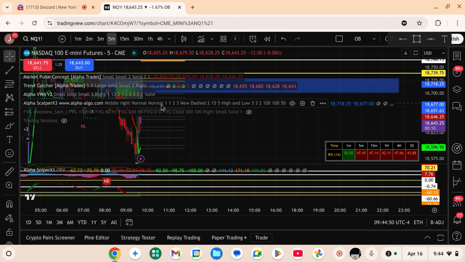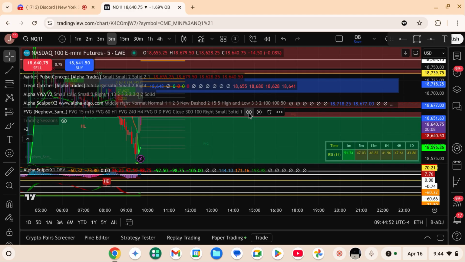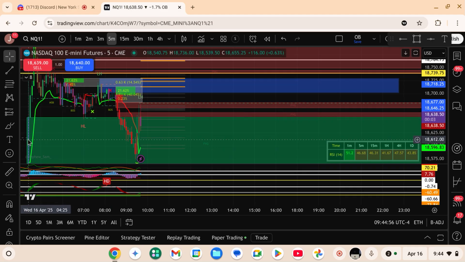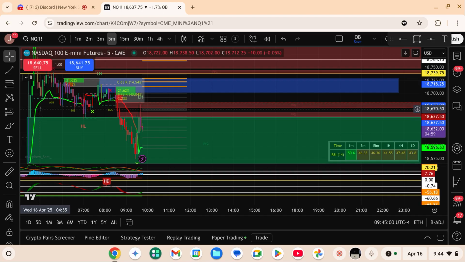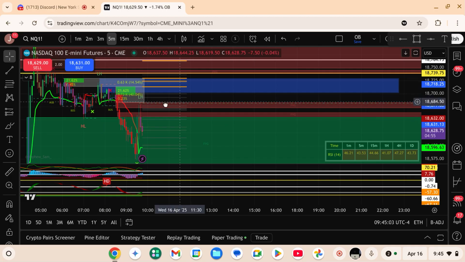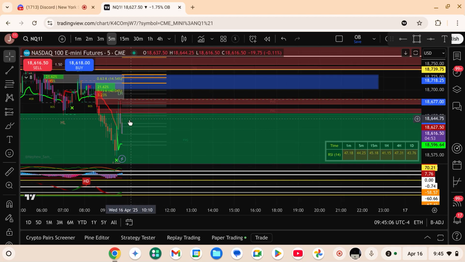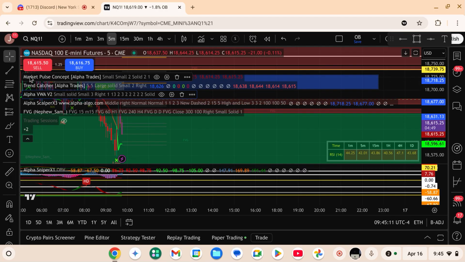Fuck this. Is there a gap? Fuck. I didn't realize there was a gap right there.